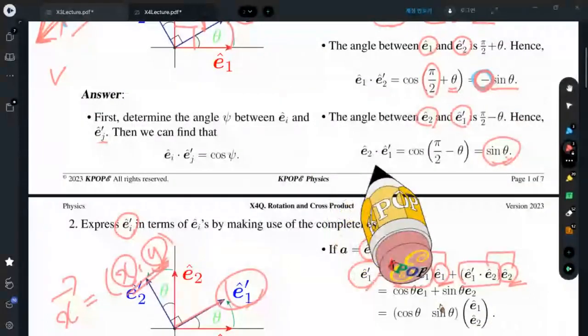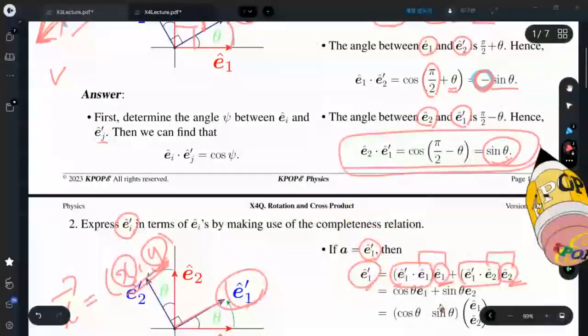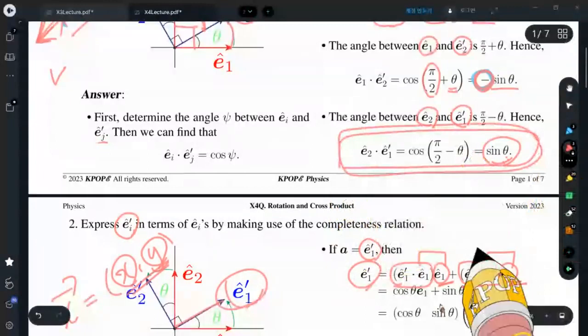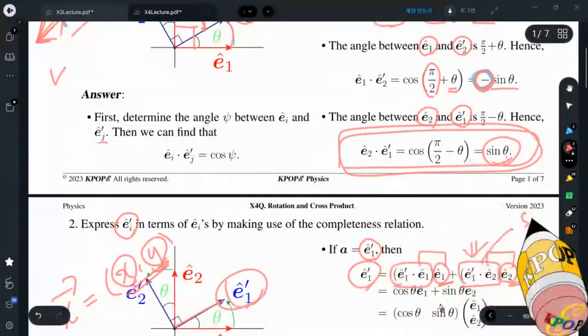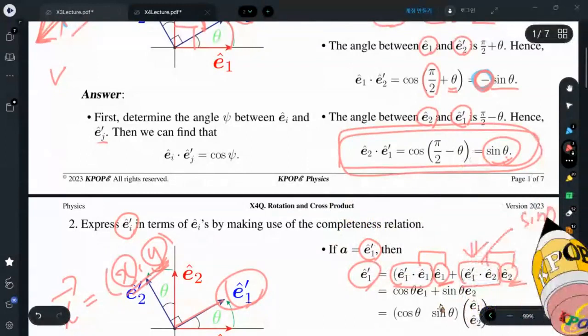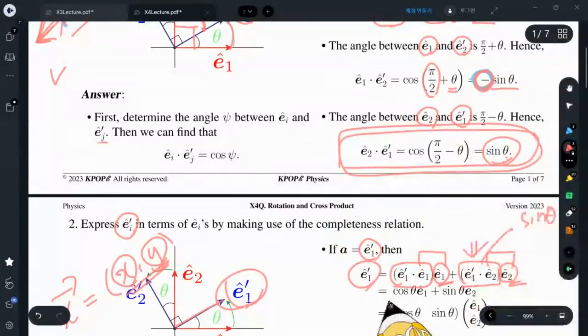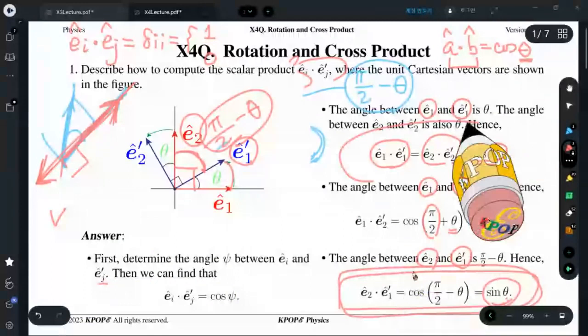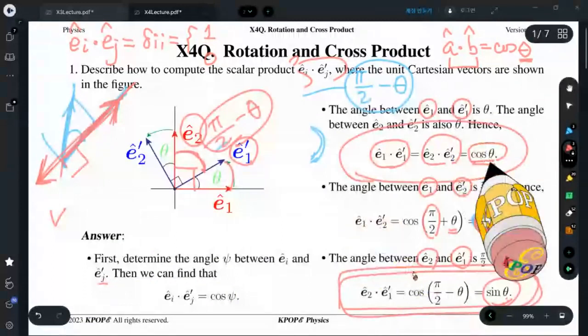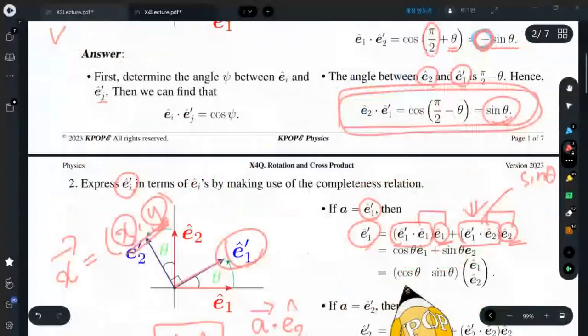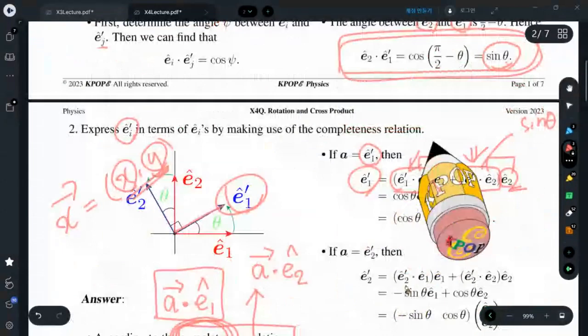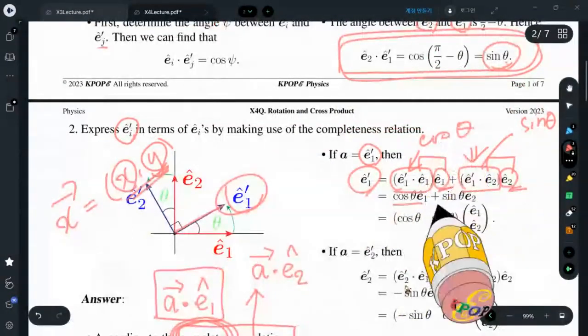This one, E2 dot E1 prime. Aha, E2 dot E1 prime. I know this, this is sine theta. And where is E1 dot E1 prime? I can copy this result, this is cosine. I wrote it in this way.